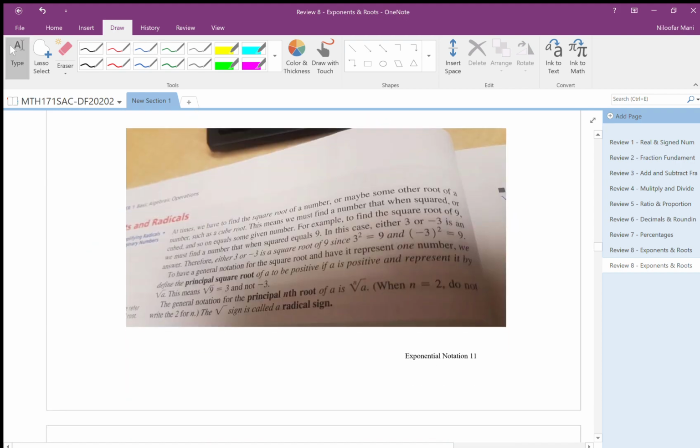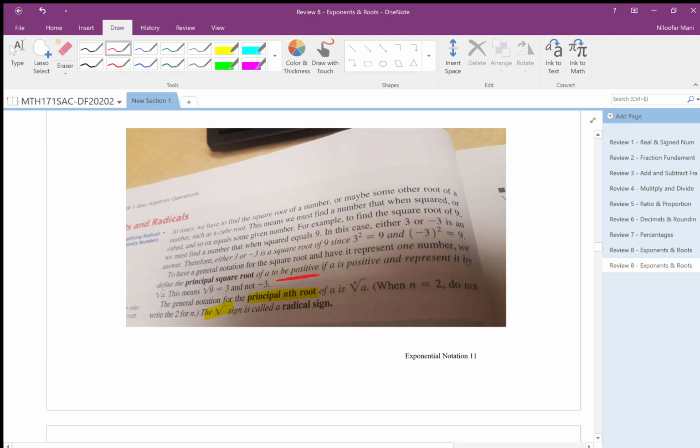The reason is when I talk about radical, that's the principal square root. And the principal n-th root is always positive. We define it. We define that to be positive. That's a definition. Look at this. It's positive.